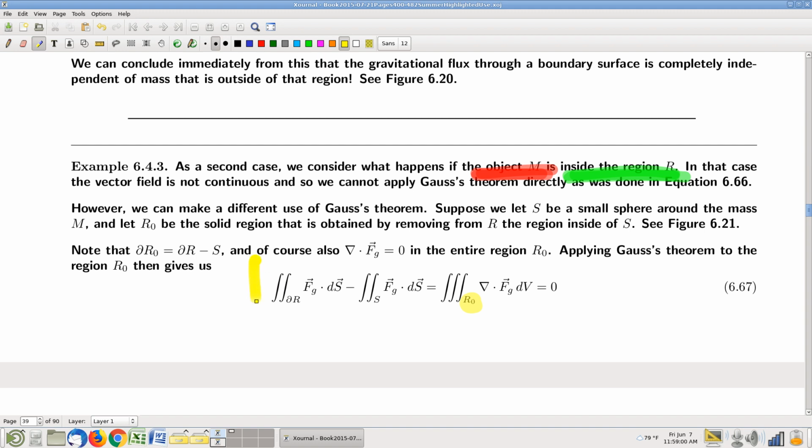Gauss's divergence theorem on R naught gives us this. The boundary is boundary of R minus S. The divergence is 0. So this triple integral gives me 0, and a punchline is we don't get the computation that we wanted, right? We did not, as a result of this, get to conclude what that is.